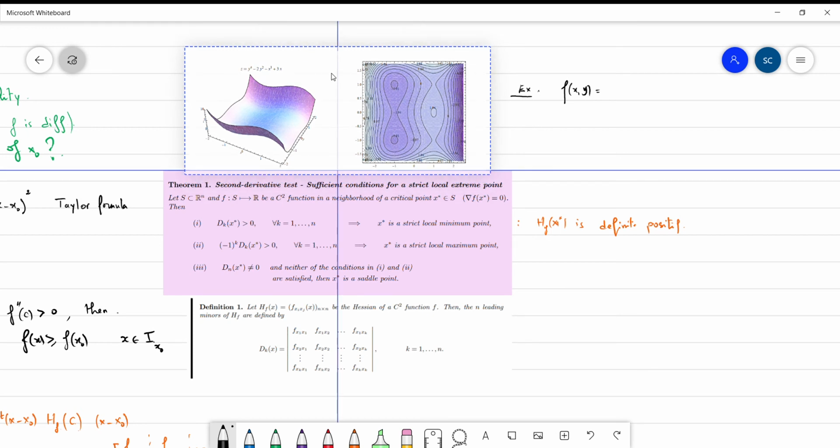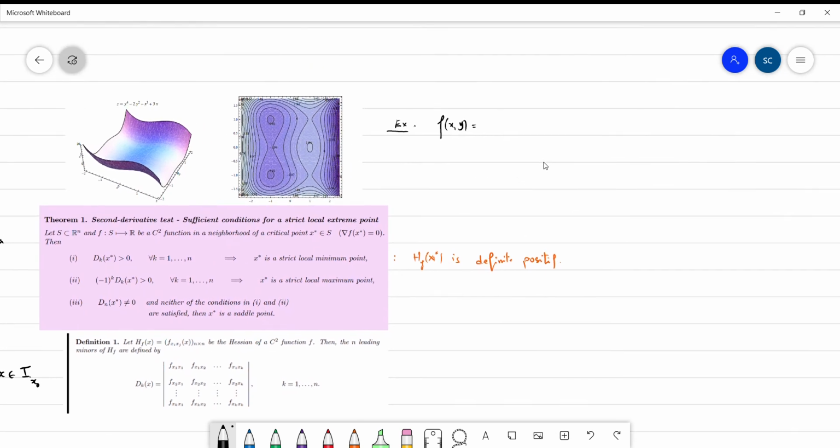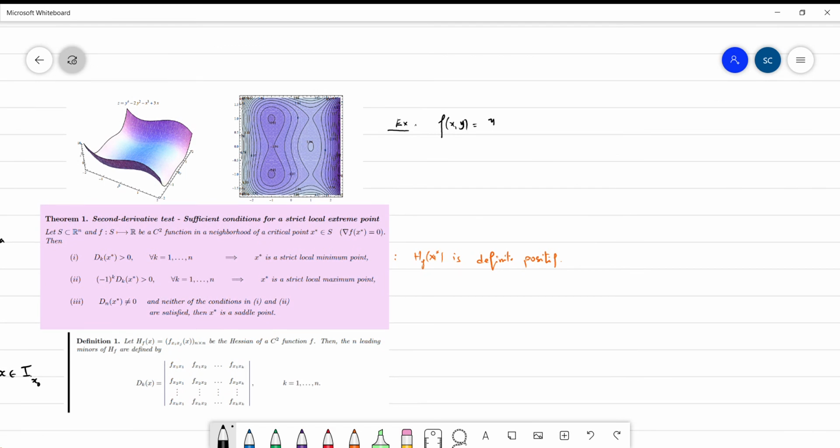Okay, the function is y^4 minus 2y^2 minus x^3 plus 3x. The question is to find the critical points and classify them if possible.